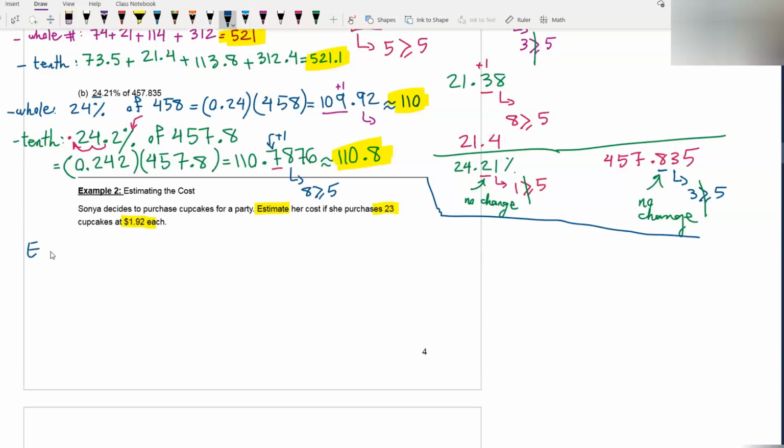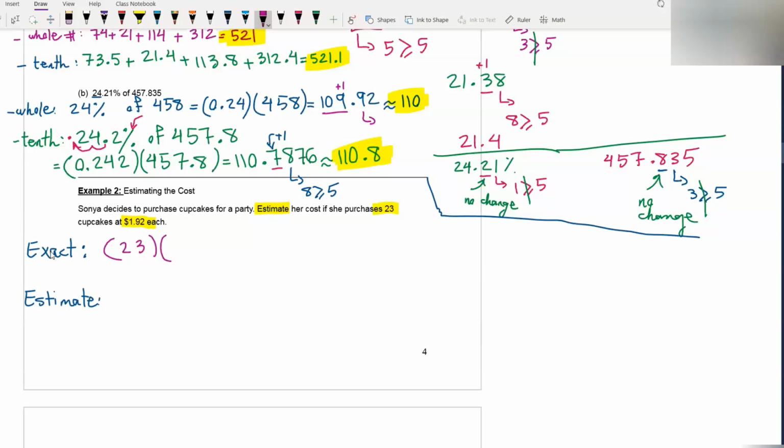First, I'm going to find the exact answer or exact value. And then after that, I'll work on estimation. So the first part, how many cupcakes we have is 23.